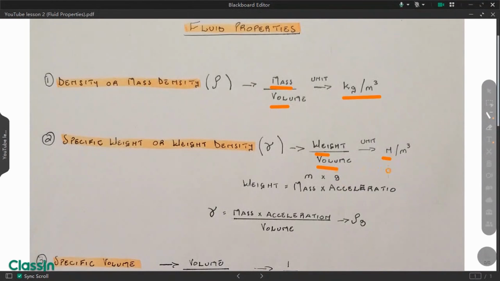Volume is per meter cubed. That's the unit of specific weight. When we rewrite it, mass over volume is density, denoted by rho. So specific weight is rho multiplied by gravitational acceleration.